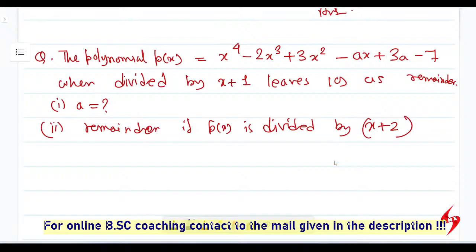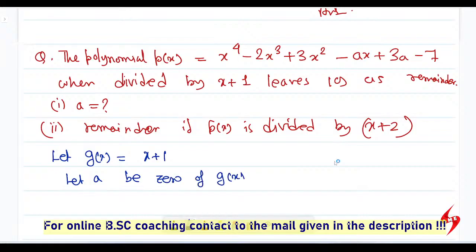Yes, as it is a similar process, at first we should find the zero of the divisor. Let g of x be the divisor, that is x plus 1. So let a be the zero of g of x. So definitely g of a should be 0. So a plus 1 will be 0 and a will be minus 1.